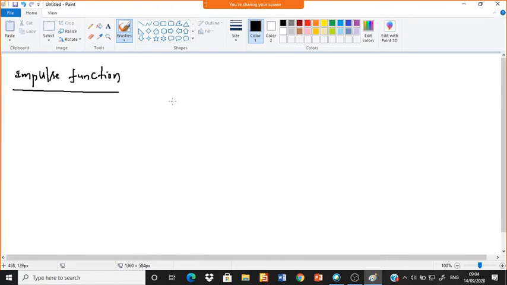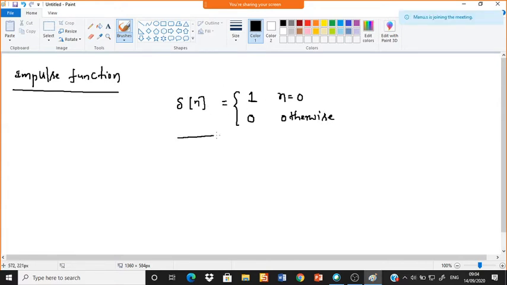We can define this impulse function in the discrete domain as del of n, which is 1 only at n equal to 0. Only at n equal to 0 it is 1, otherwise it is 0. This is the impulse function which we define in the discrete domain.